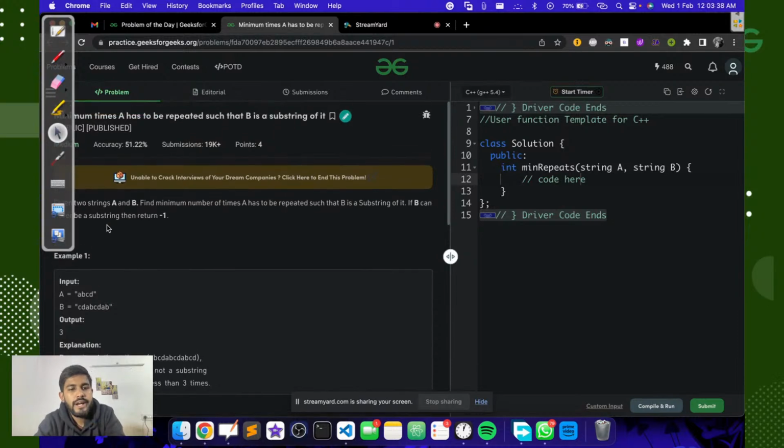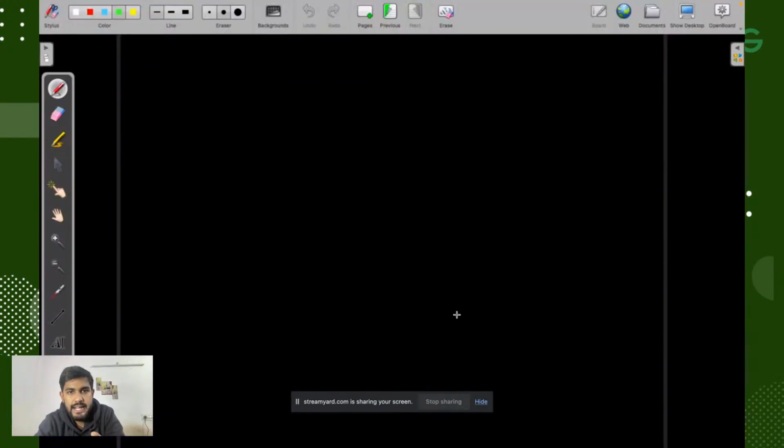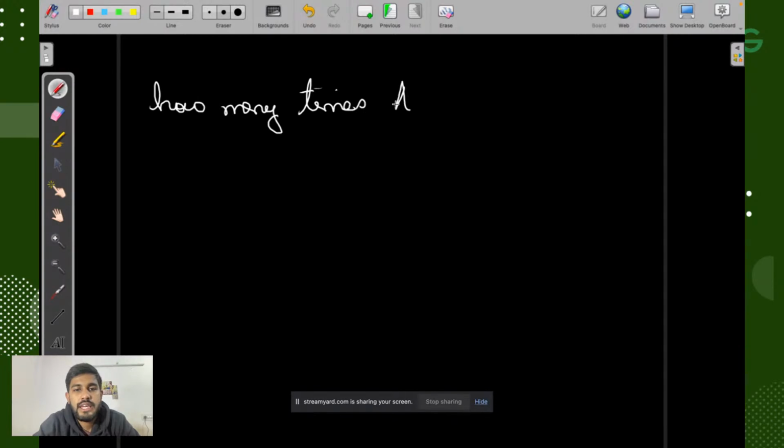Now it is told how many times A is repeated so that B is a substring.